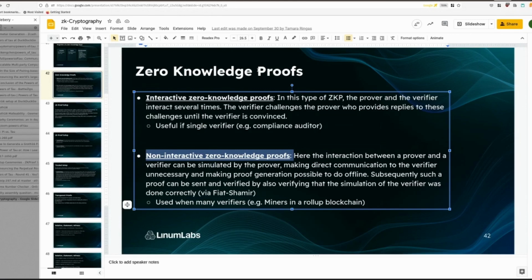Yeah, and STARKs don't have that problem, but they have other trade-offs that you have to make in comparison with a SNARK. For example, the size of the proof is not constant like a SNARK. It grows with the size of the computation. And the verification time also is not constant like a SNARK. It grows too with the size of the computation.